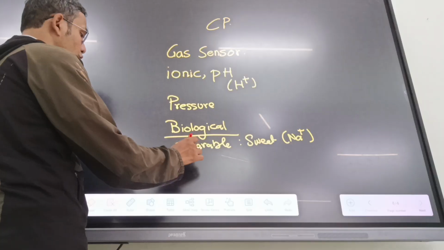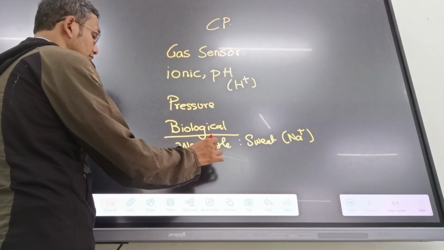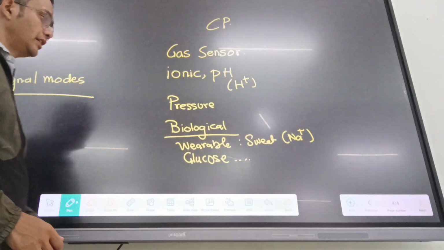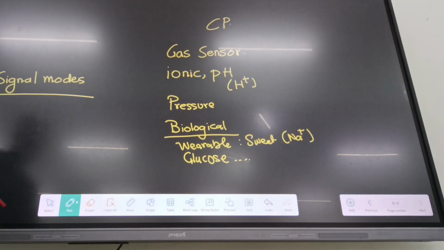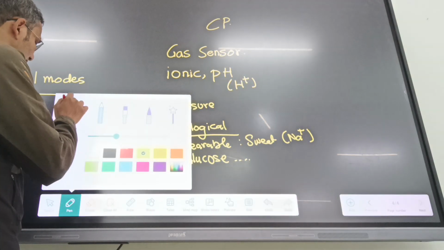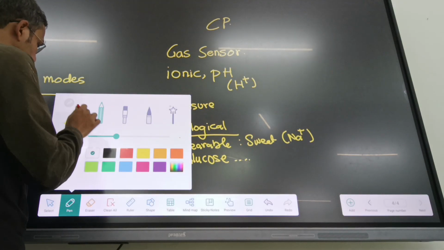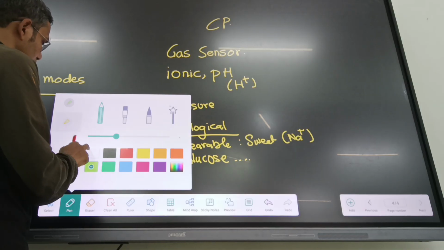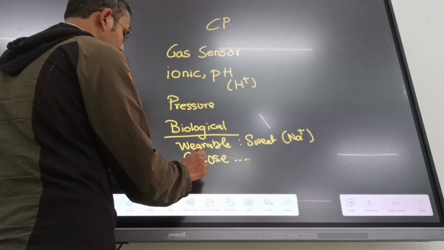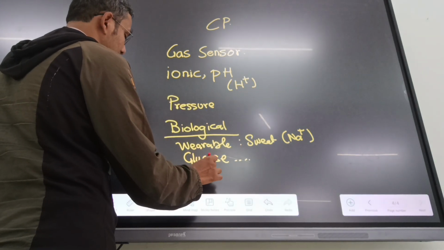It can detect glucose. Right. This one is important. It can help as a self-healing bandage.